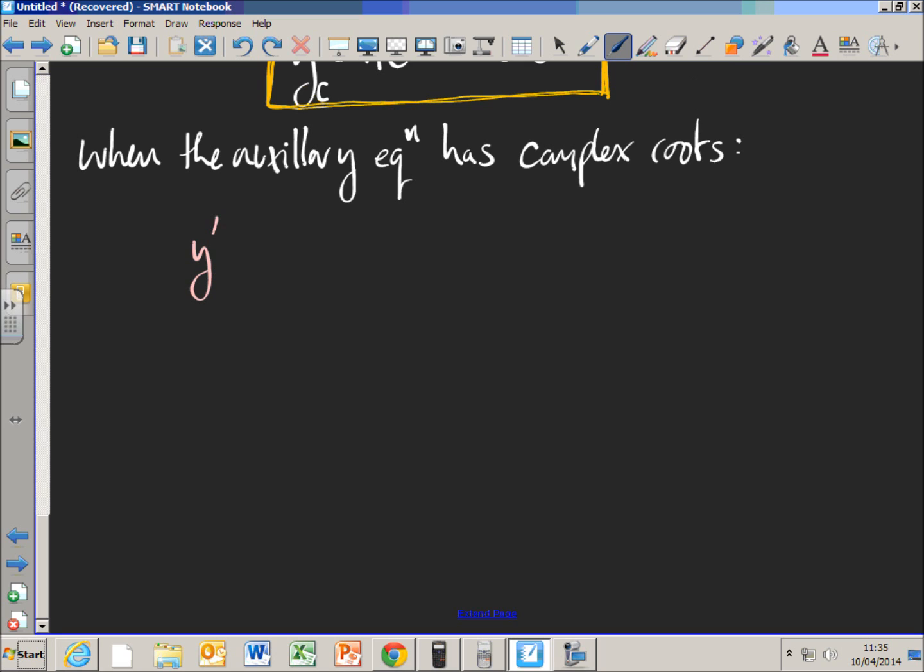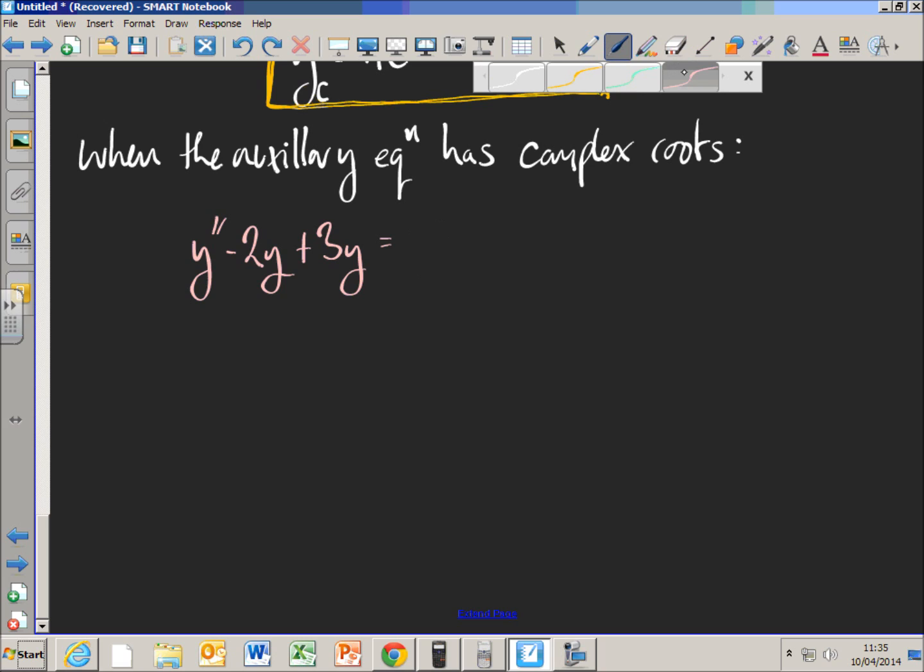So I've got y double dash minus 2y plus 3y, and I'm going to put it equal to 0. I don't need to find the particular integral for this one. Let's not make it equal 0. Should I just put it equal to a number, so it makes it a little bit harder, but not too much?